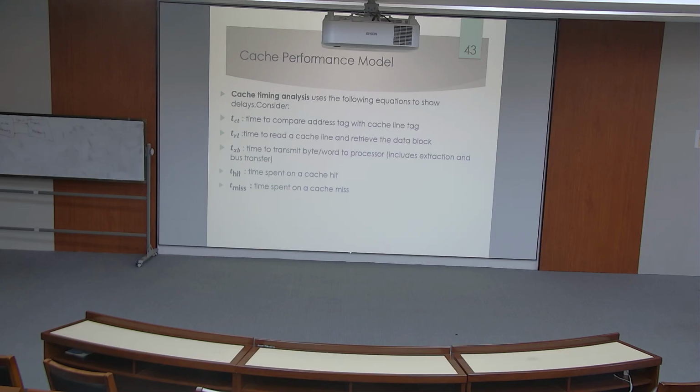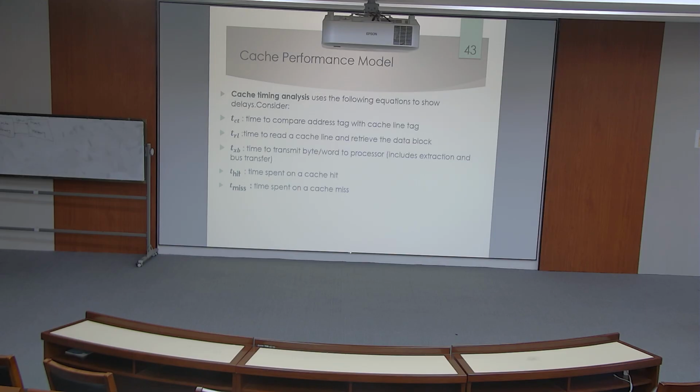We have to talk about the cache timing analysis using different equations for different cache memory mapping techniques. But we needed to have a look at the following key concepts that we're going to use to discuss the cache performance model. We have the time that the system spends on comparing the address tag from the central processing unit and the cache line's tag.